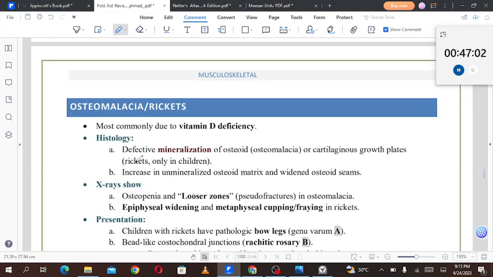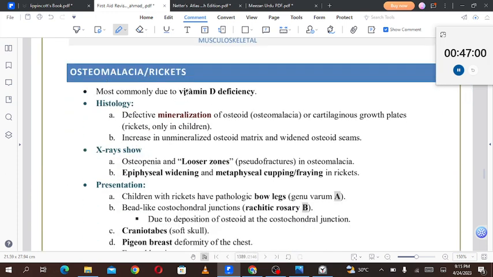Now moving forward to osteomalacia and rickets, most commonly due to vitamin D deficiency. Histology shows defective mineralization of osteoid in osteomalacia, or of cartilaginous growth plates in rickets, which is seen only in children. There is an increase in unmineralized osteoid matrix and widened osteoid seams. A mineralization problem is seen with osteomalacia, while in osteoporosis there is no mineralization problem.